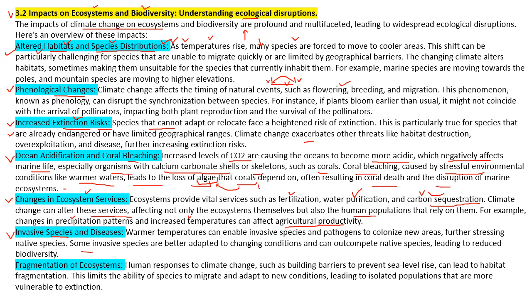Some plants are very fast in that movement, and these plants are known as invasive species. And there are some species which cannot move as fast. So these species will have a big problem, and these species can be reduced and finally can go extinct.